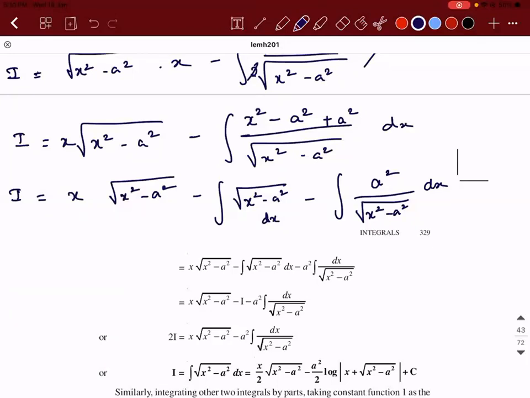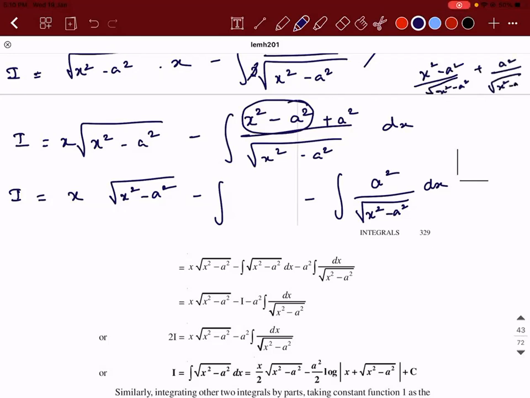I didn't understand how we got root of x square minus a square dx, the middle term. It is simple. If you take x square minus a square by root of x square minus a square plus a square divided by root of x square minus a square, now it makes sense. X square divided by root x will become root x. So root of x square minus a square dx.